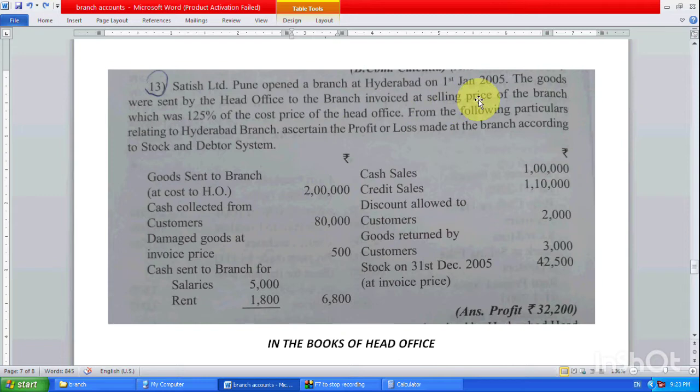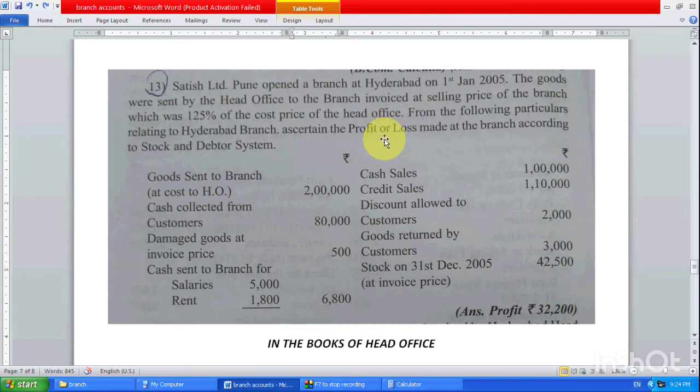And this is 125%. Goods sent by the head office to the branch, invoiced at the selling price of the branch, which was 125% of the cost price of the head office.